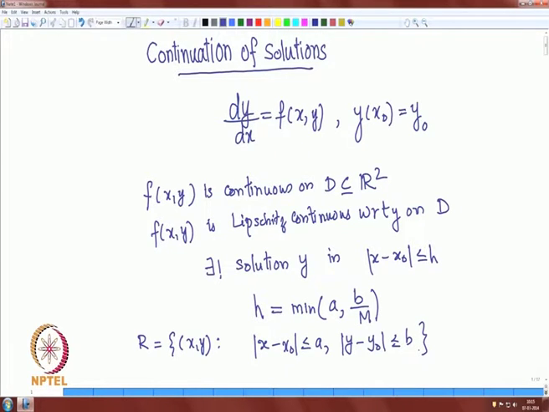These are the parameters a and b. They are chosen in such a way that this rectangle is inside the domain D, and m is a constant which is the maximum of the modulus of the function value f of x, y when x, y is in D or in R.